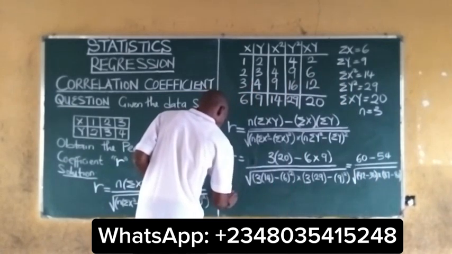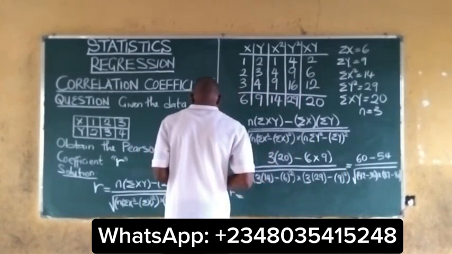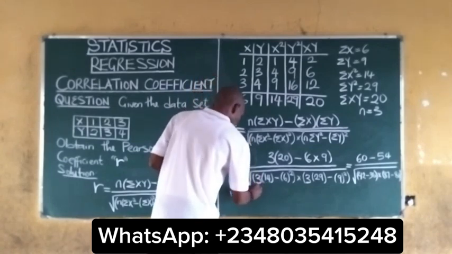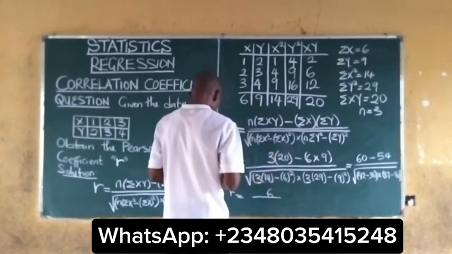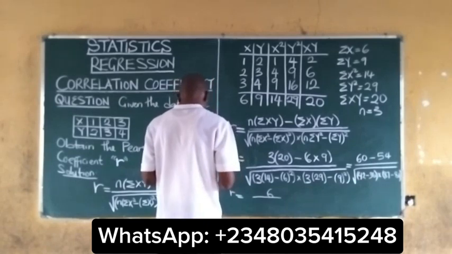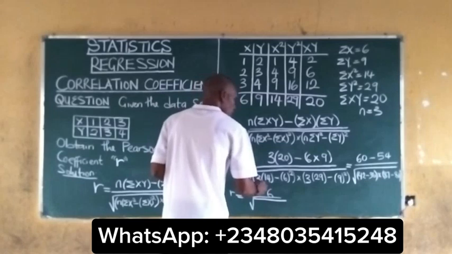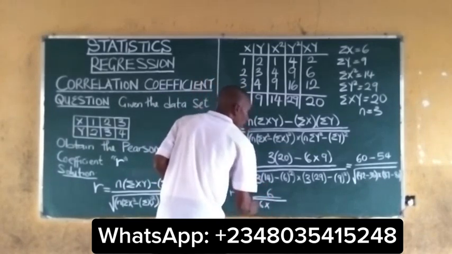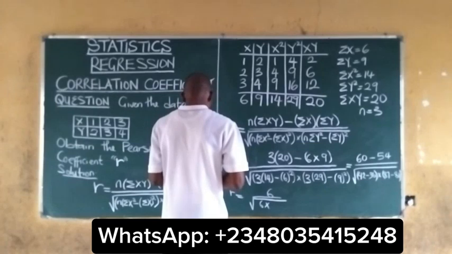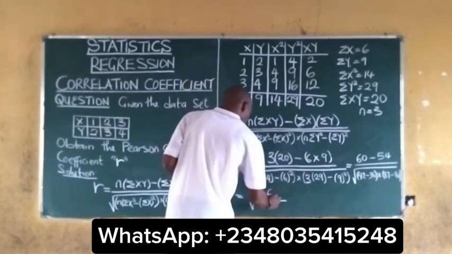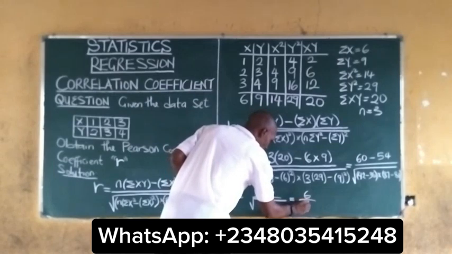So we have our r here to be equal to 60 minus 54 is 6, all over square root of 42 minus 36 is 6 multiplied by 87 minus 81 is also 6, which means that 6 all over square root of 6 times 6 is 36.